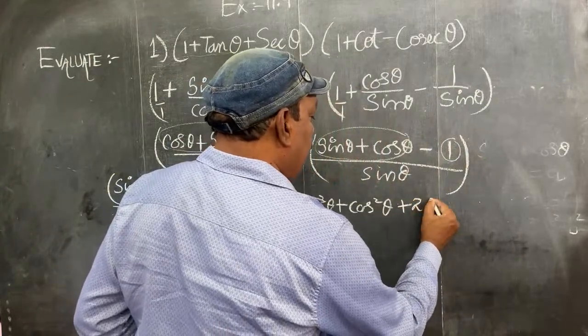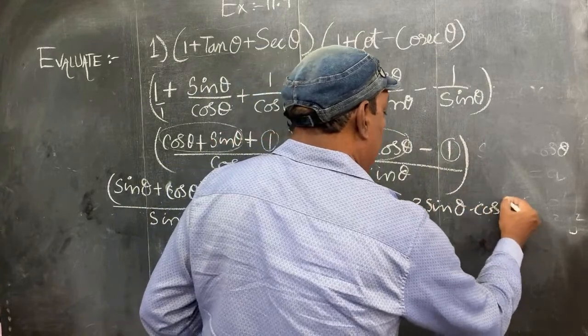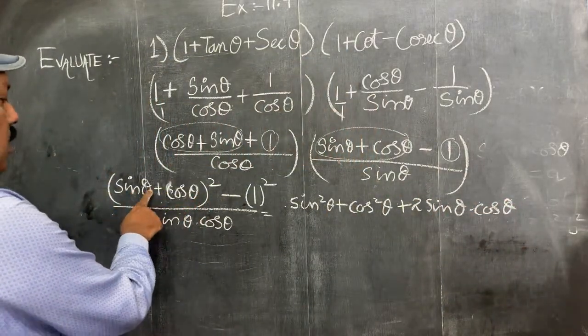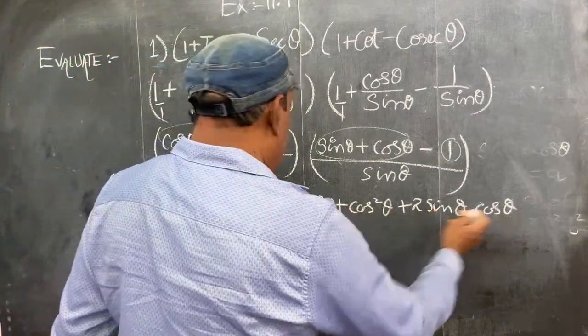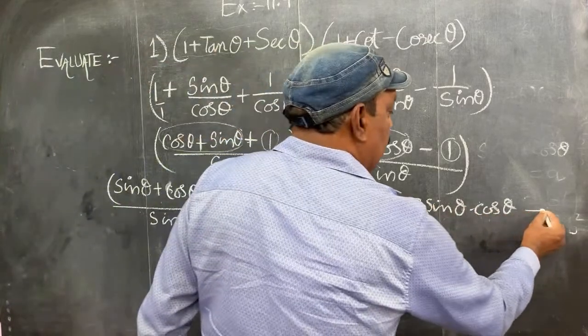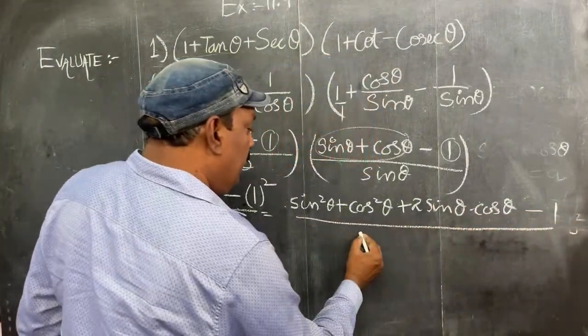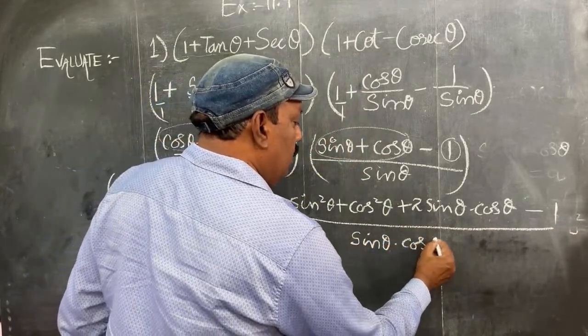This is the expansion form of sin theta plus cos theta, and here is minus 1, with the denominator as usual sin theta into cos theta.